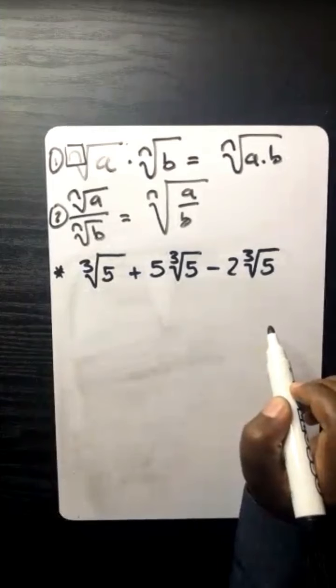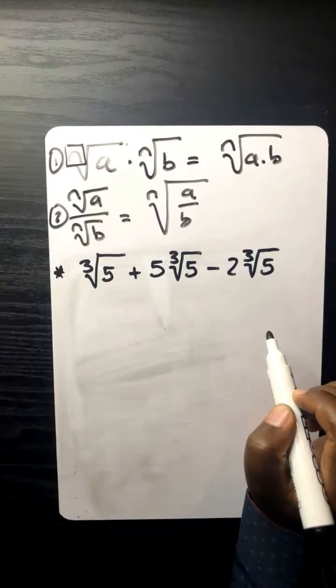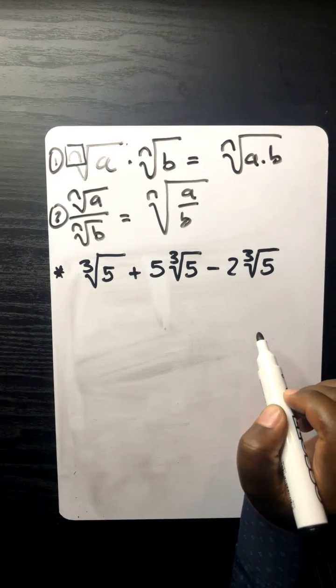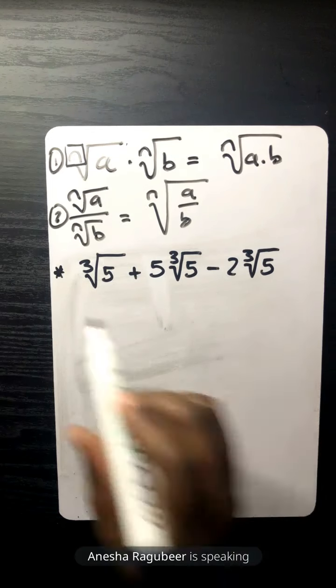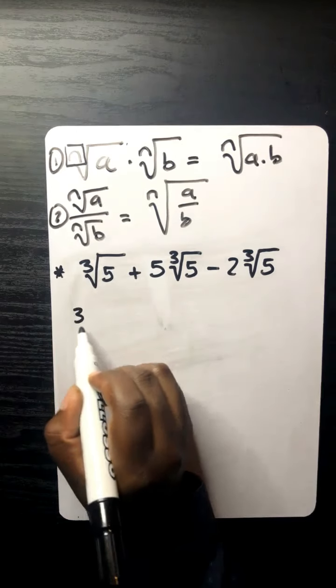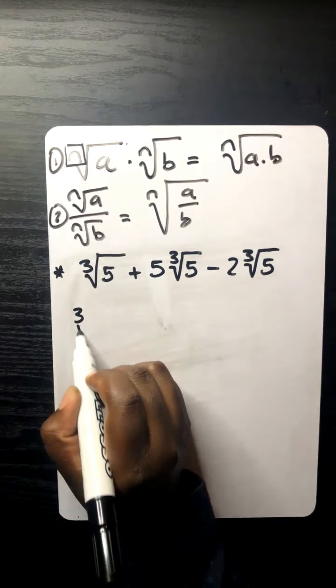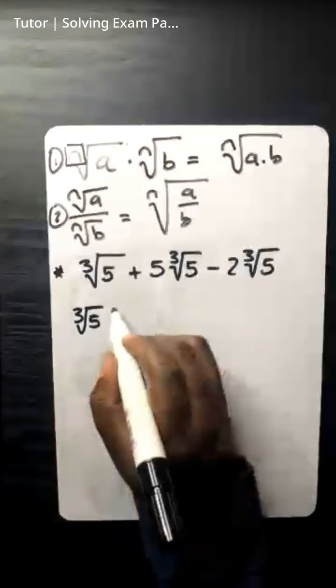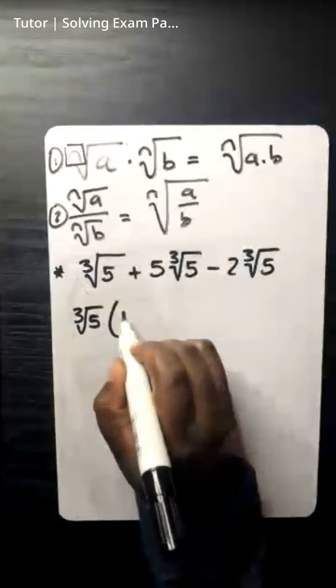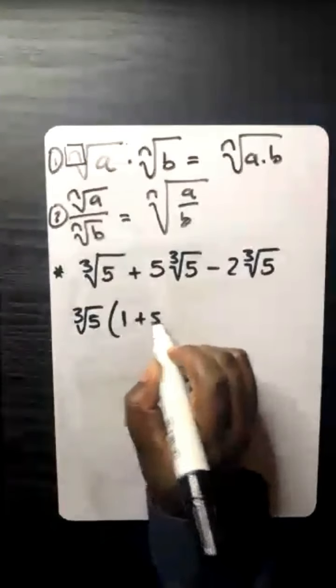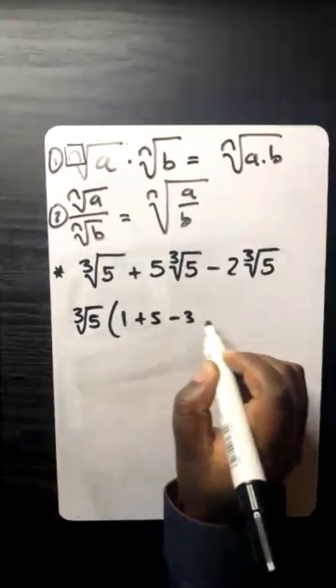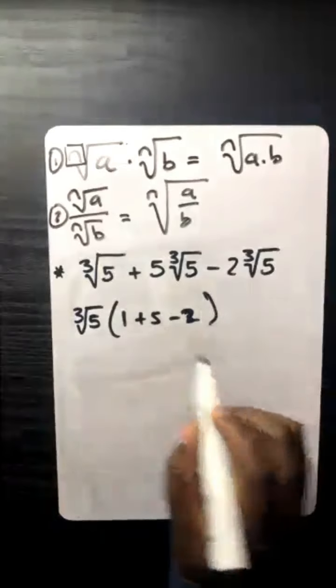So what is the coefficient of the first term? 1, sir. 100%. Second and third? The second one is 5. The third one is negative 2. 100%. So now let's take out our common factor, which is 3 square root of 5. The coefficient there, you said is 1. You said here is 5. You said there it's negative 2. What is that?